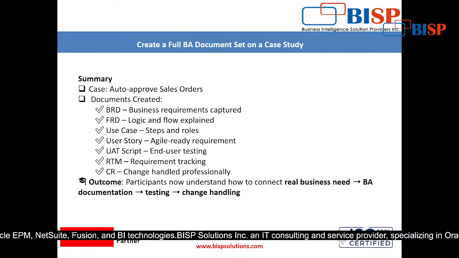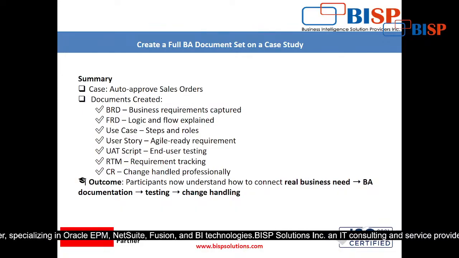Okay, and then the user story, agile ready requirement. So user story is something like this, and then UAT script, so end user testing. Now let me explain you the complete duration taken. Suppose we have not discussed so far the duration. See, BRD development is like a 1 or 2 days task.